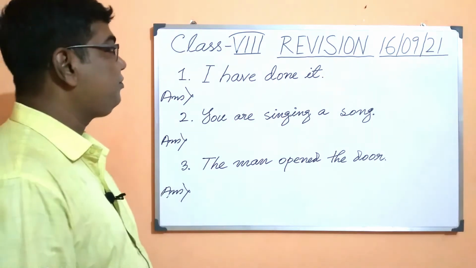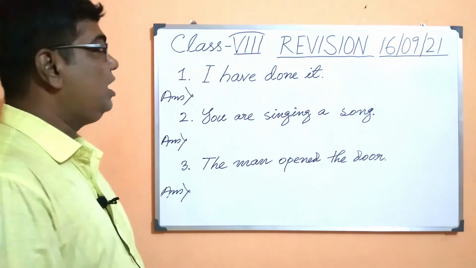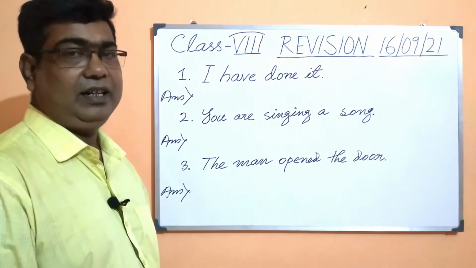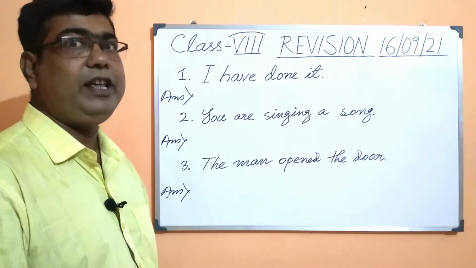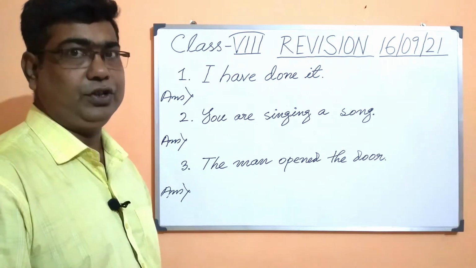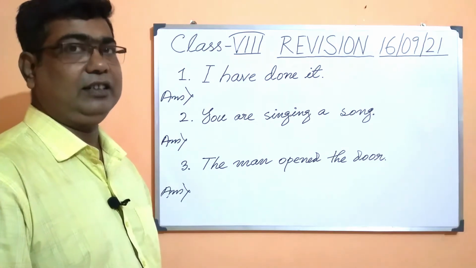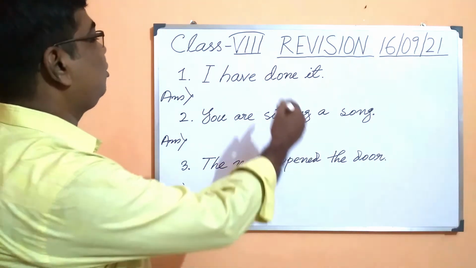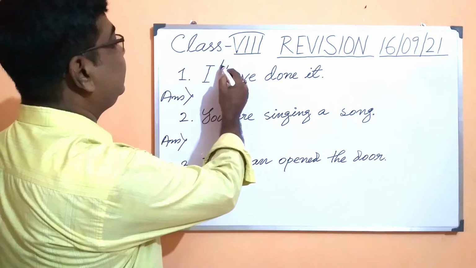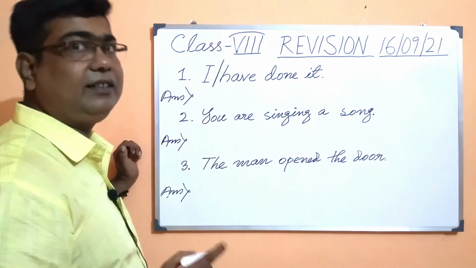Okay, so look at the first question. I have done it. Let us first divide the sentence into three parts as I have told you. The subject part, the verbal part and the object part. So here we have I, the subject.